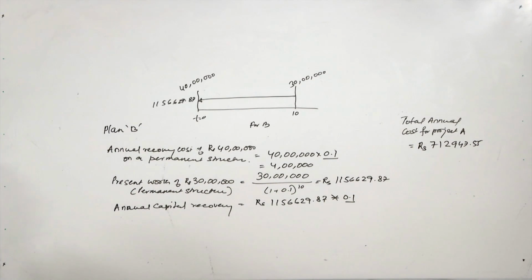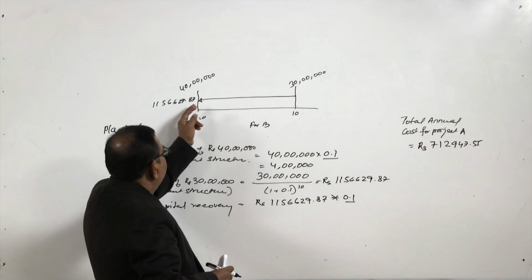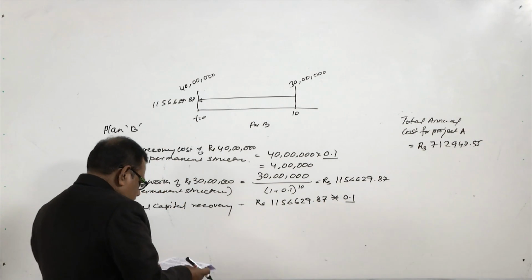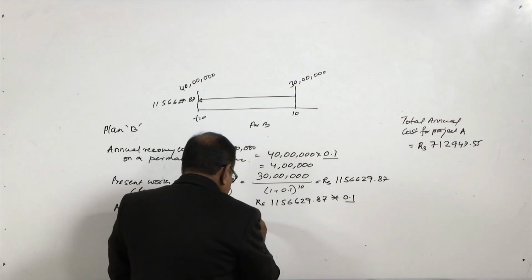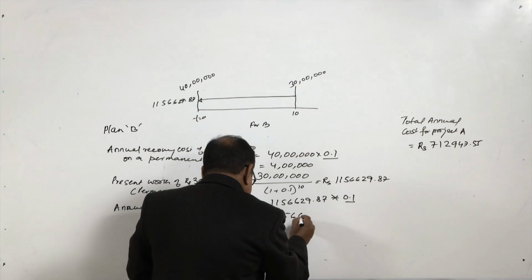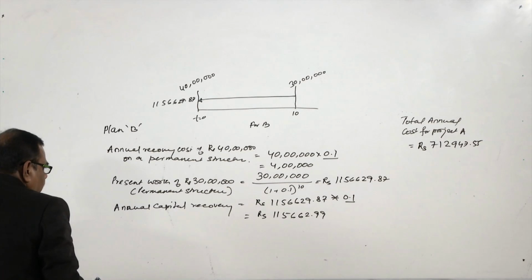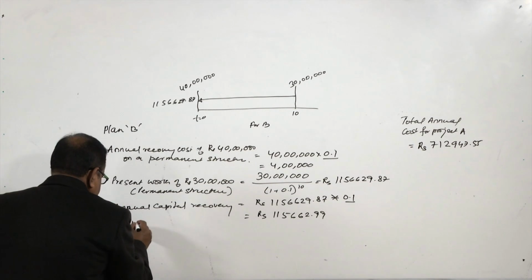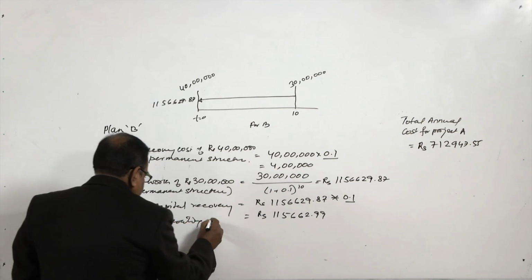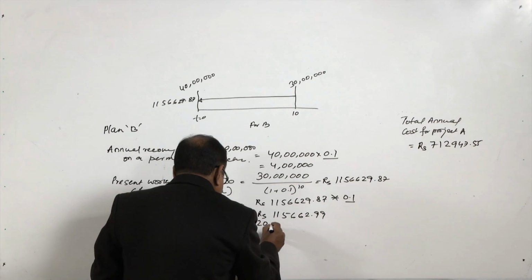So the annual capital recovery will be equal to the value at t equal to 0 into 0.1, that comes out to be rupees 115,662.99. Now, we have annual operating cost equal to rupees 20,000.